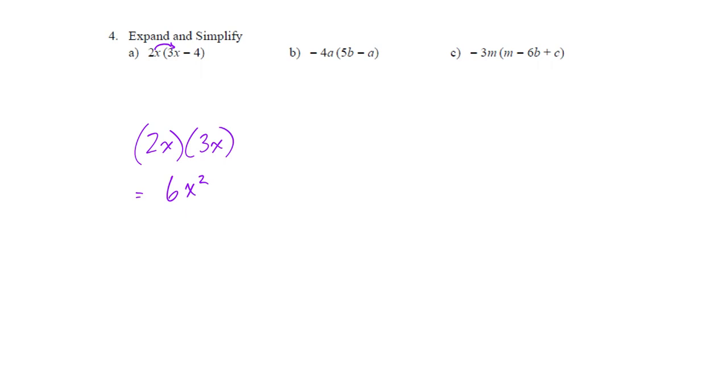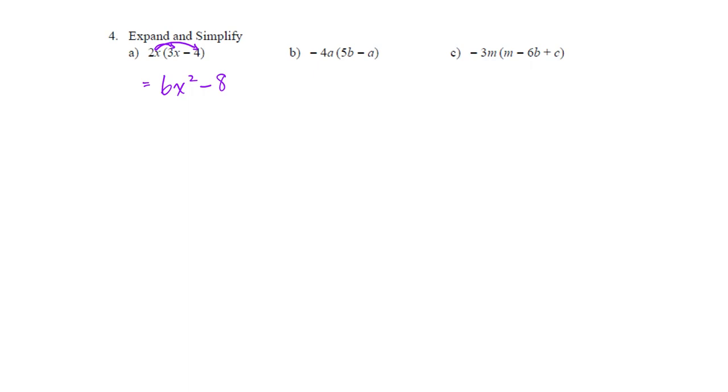Okay, I'm going to get rid of that purple because I'm going to work that into my solution. So I take my 2x times my 3x. There's my 2 times 3 and my x times x. And now I need to expand that 2x times my negative 4. Well, that one's a little more straightforward. That one's going to get me a 2 times 4.